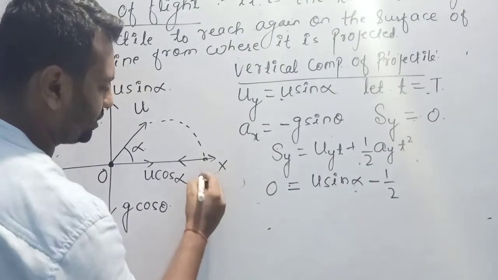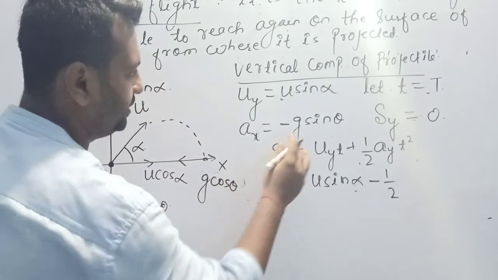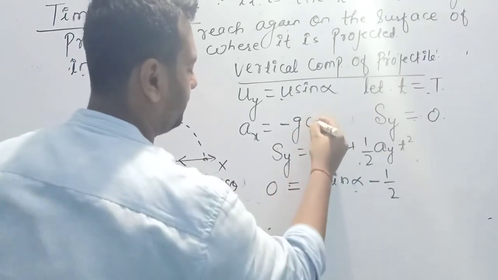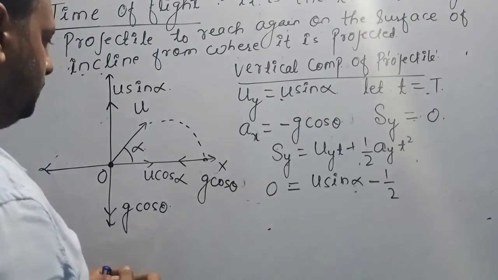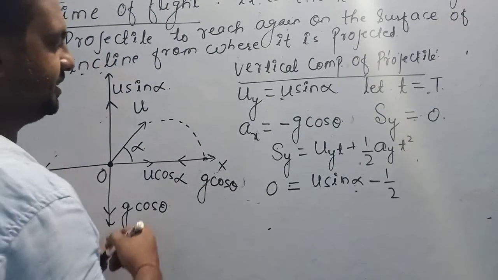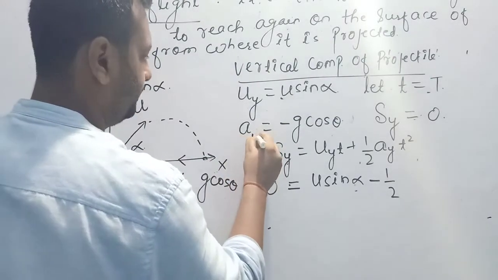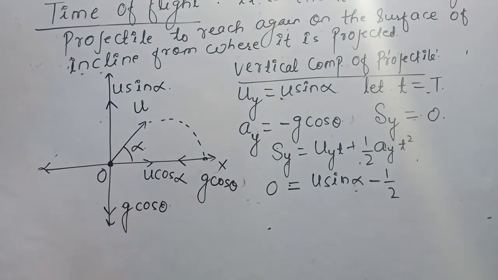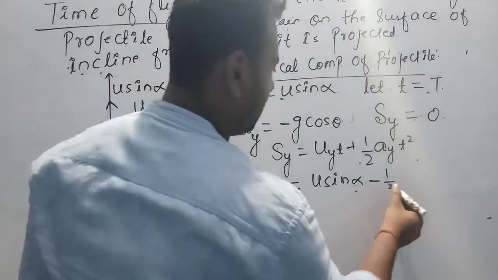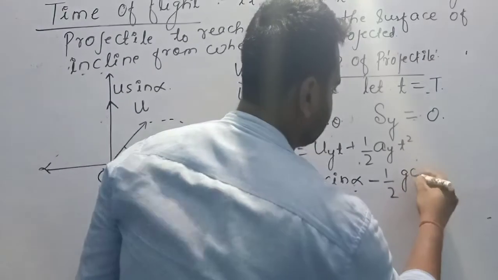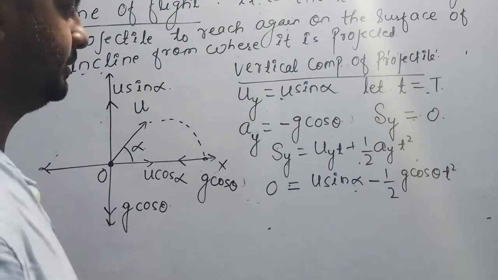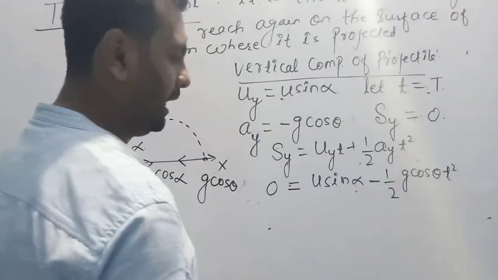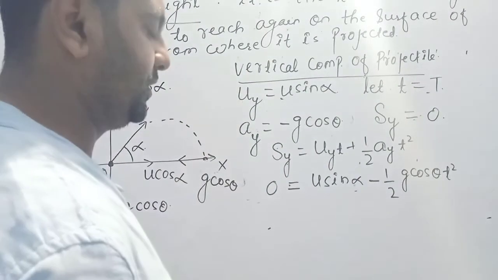This will be g cos theta, and this is in the negative y direction. There is no need to write this. Minus half g cos theta into t squared. I have to calculate the value of t.